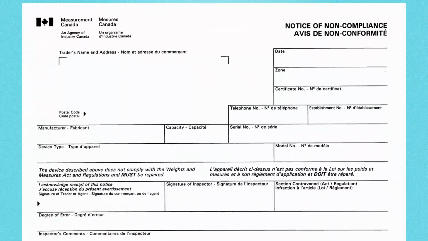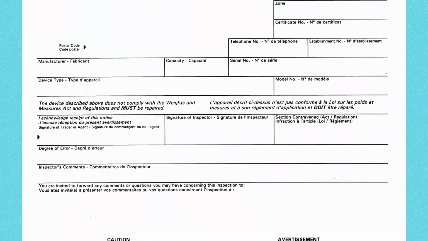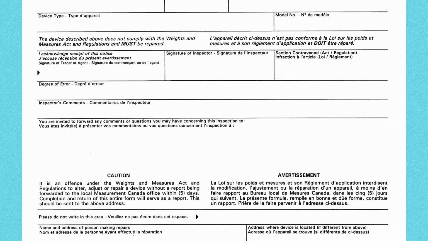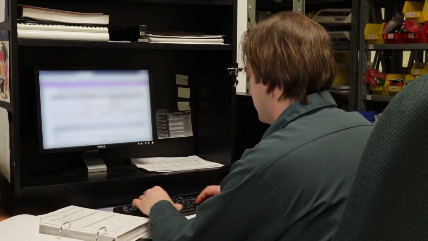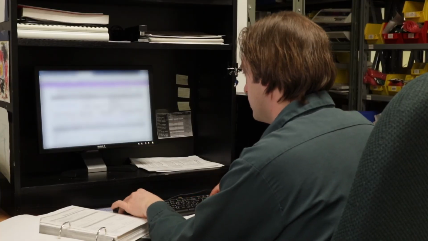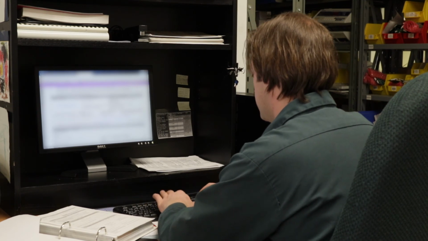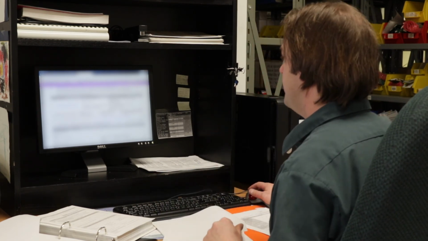Measurement Canada inspectors will remit a notice indicating any non-compliance and required corrective action immediately upon completion of an examination. Authorized service providers must report any instances of non-compliance no later than 5 days after an examination.